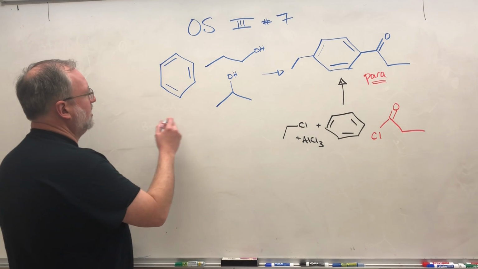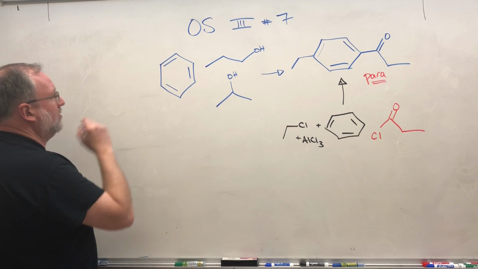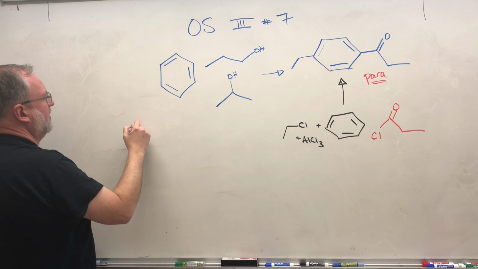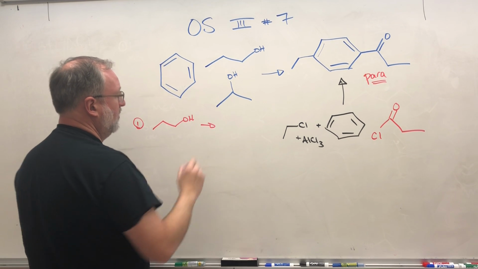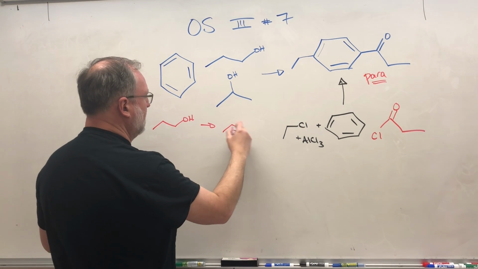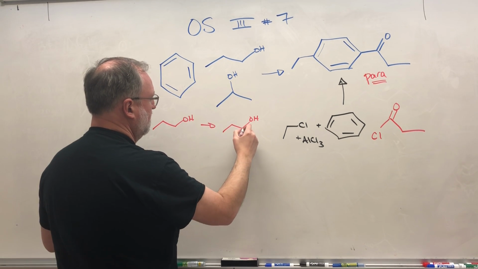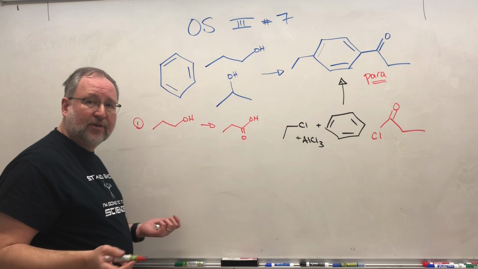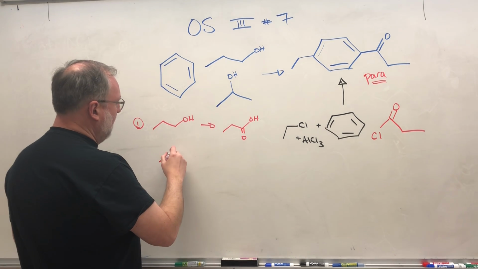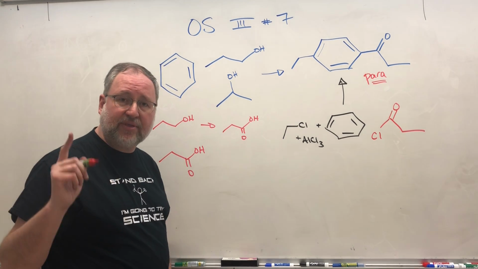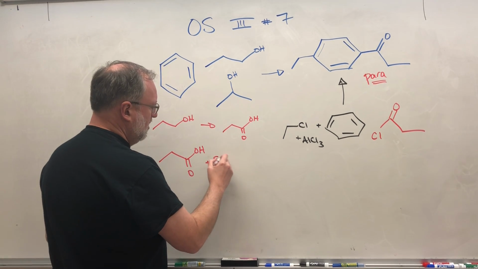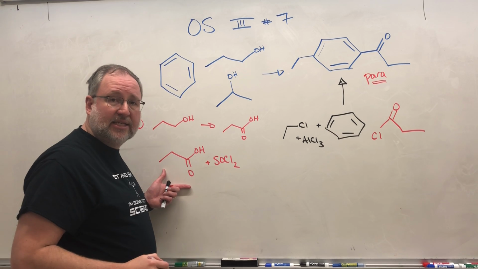So we can do, for example, let's write that here. We can oxidize this using our powerful oxidation. That's dichromate in acid. And we didn't talk about this a lot, but there is that reaction to convert this to an acyl halide.